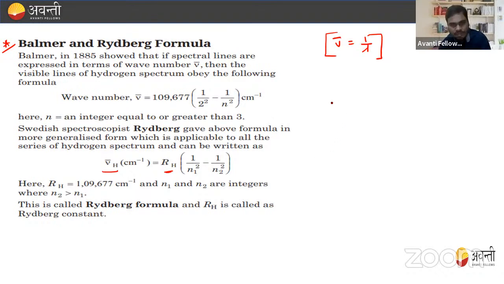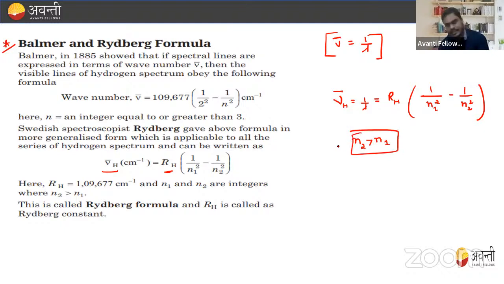So just remember this formula: v bar of hydrogen, which is also equal to 1 upon wavelength, is equal to the Rydberg constant of hydrogen times 1 upon n1 square minus 1 upon n2 square, where always remember that n2 is greater than n1, right?